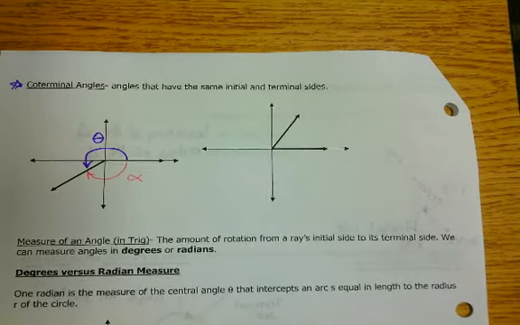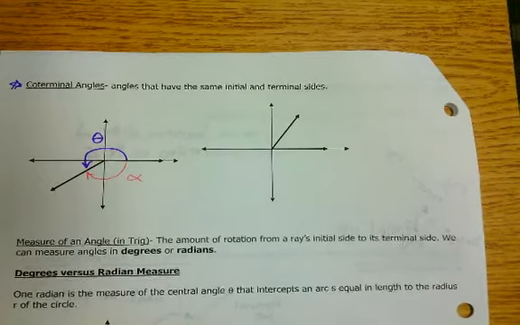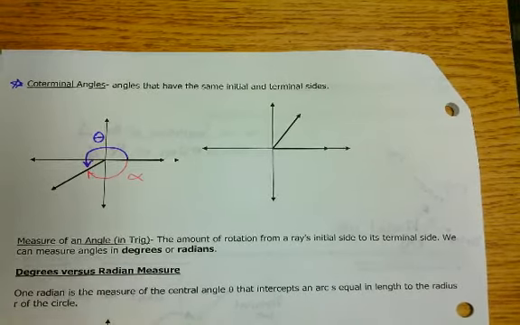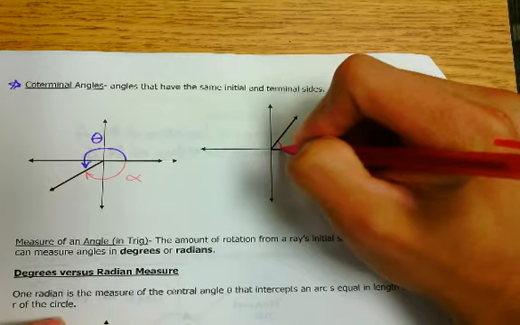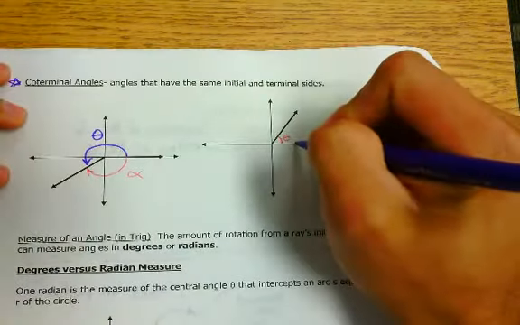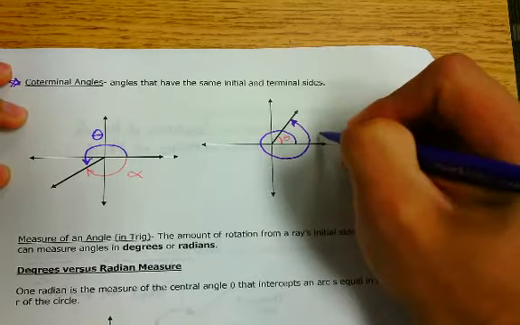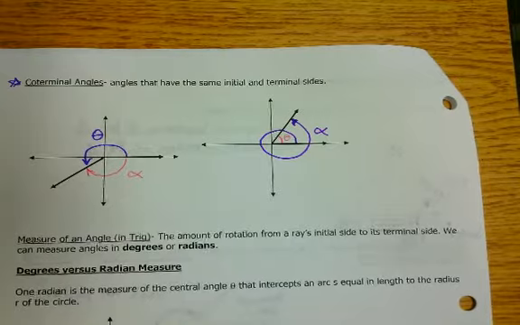The other way is what I actually showed you on the previous example. We have angle, let's call this angle theta, or I can have angle alpha. Are those coterminal? Absolutely.